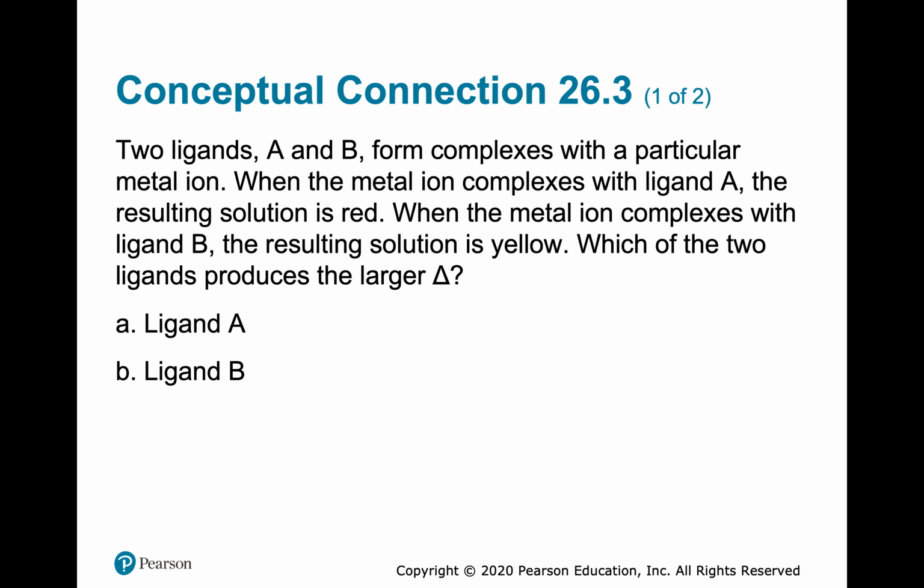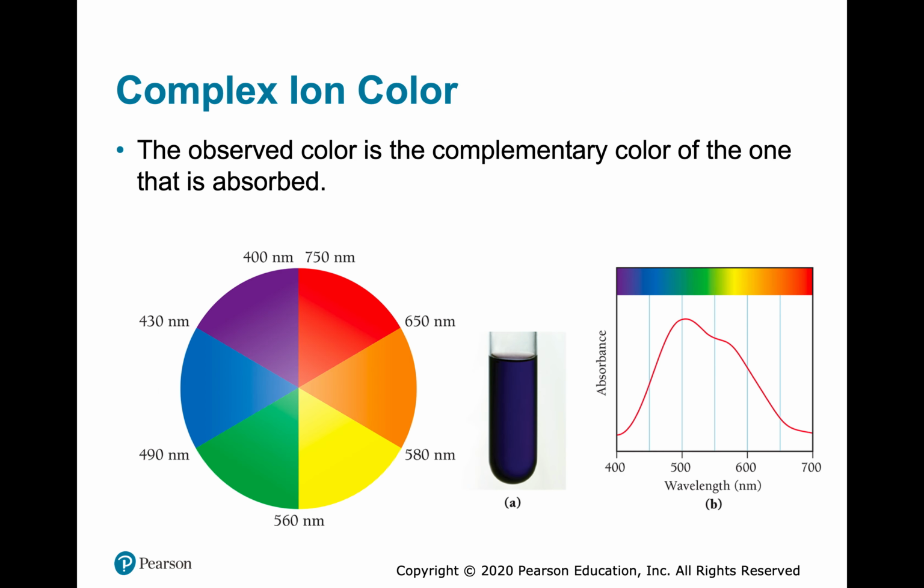So let's look at this one. Two ligands form complexes with a particular metal ion. When the metal ion complexes with ligand A, the resulting solution is red. When it complexes with ligand B, the resulting solution is yellow. Which of the ligands produces the larger change in energy? So we have to go back here. If it's red, the opposite of red is green, and the other one's yellow, and the opposite of yellow is violet.